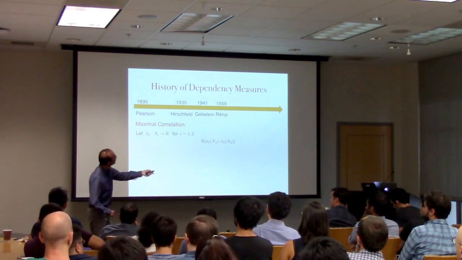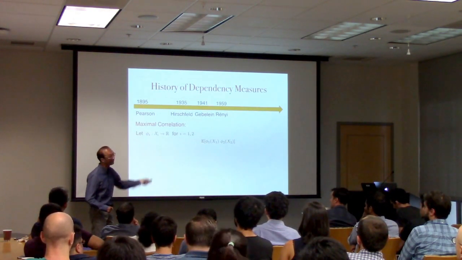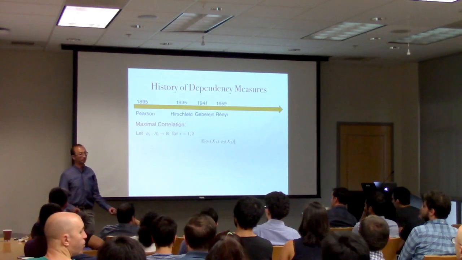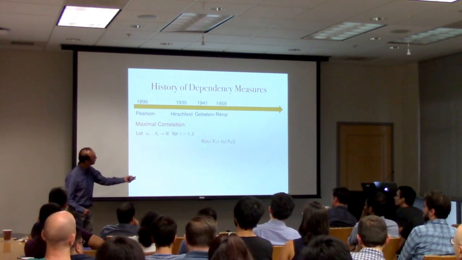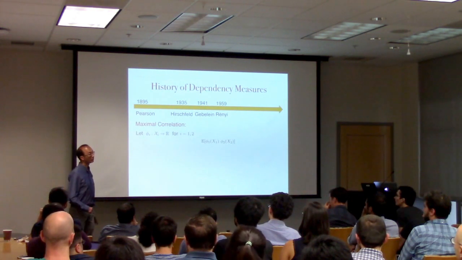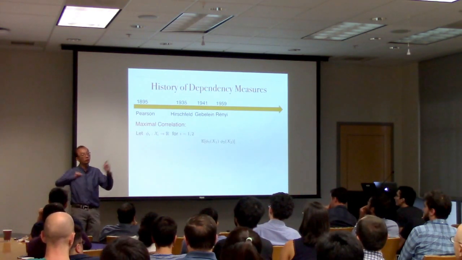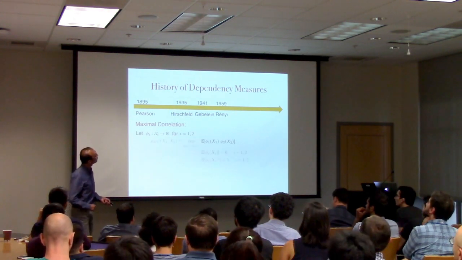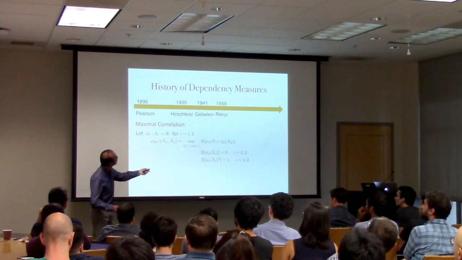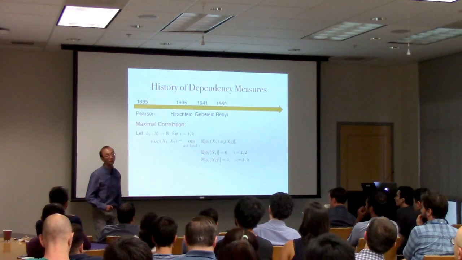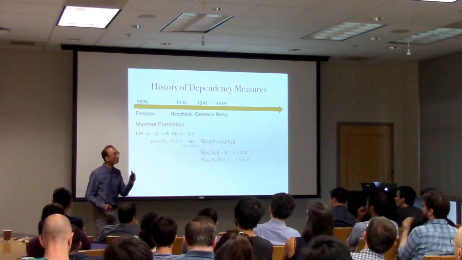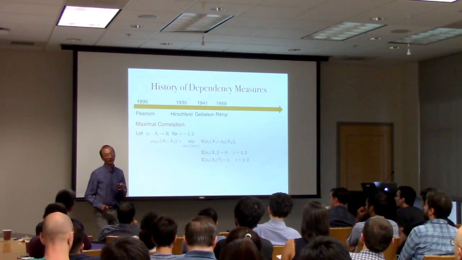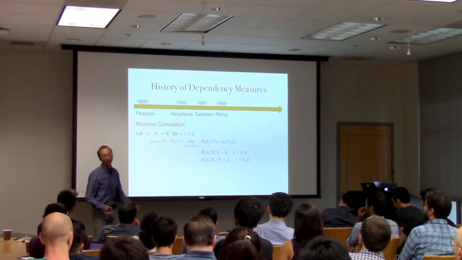Now obviously this quantity depends on phi 1 and phi 2. That's not good, because you want something which depends intrinsically only on the joint distribution of x1 and x2. So what should we do? The proposal is to find the phi 1 and phi 2 that maximize the Pearson correlation after relabeling.